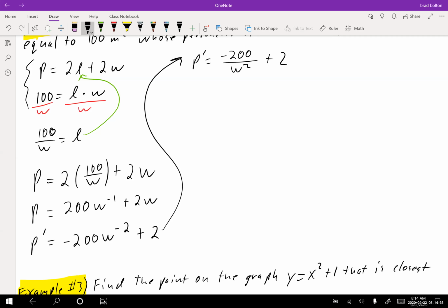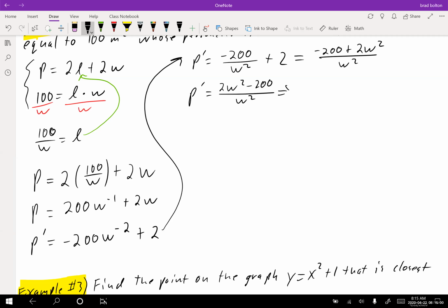Normally when you're trying to find critical numbers, you don't want to have two separate fractions. You want one. So this is going to be negative 200 plus 2W squared all over W squared. All I did was make them have common denominators. Okay, so now we have P prime is equal to 2W squared minus 200 over W squared.